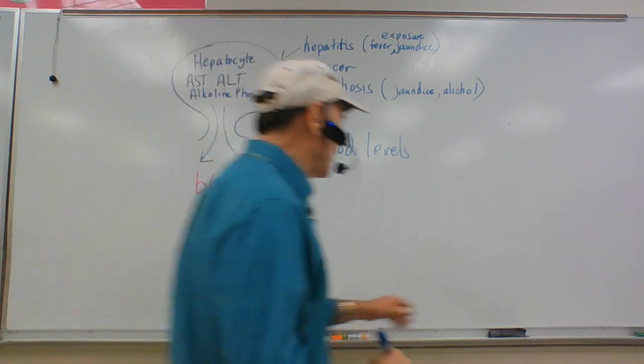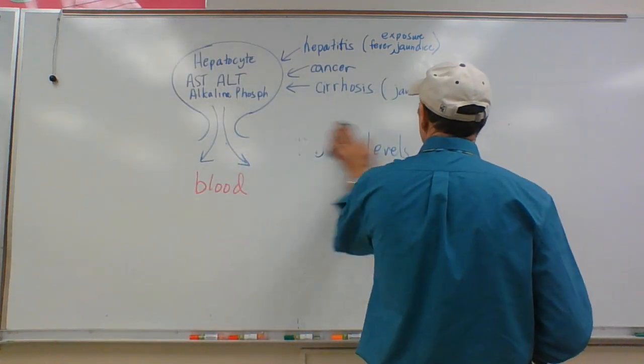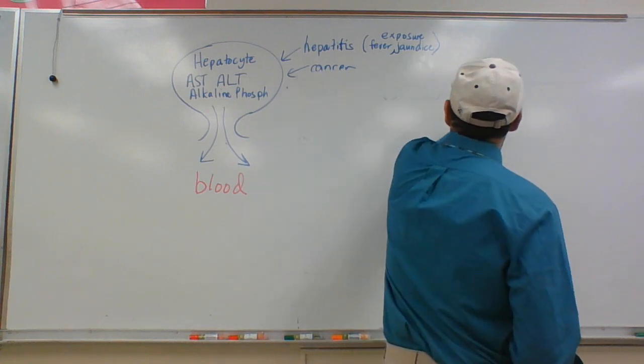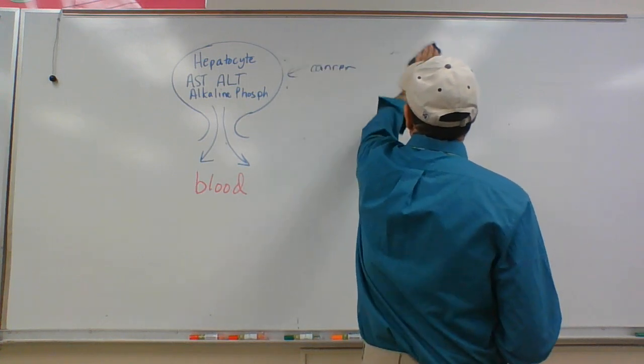So the liver excretes bilirubin in kind of a complicated pathway.